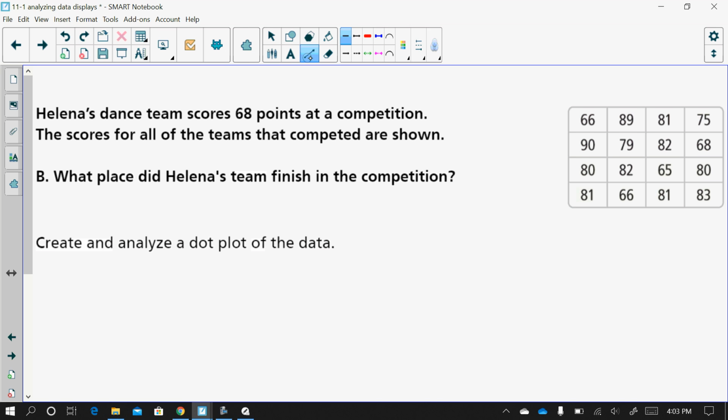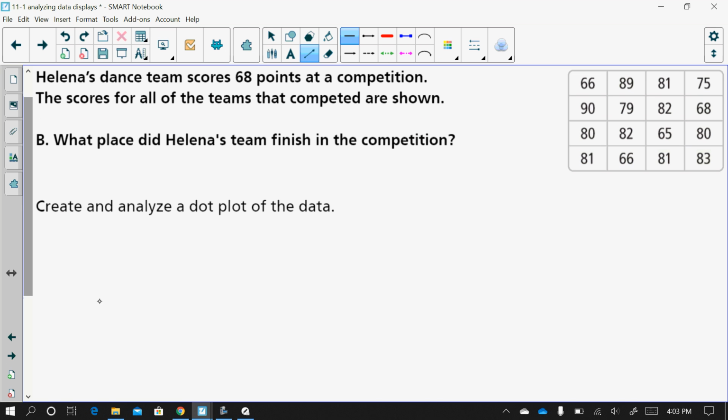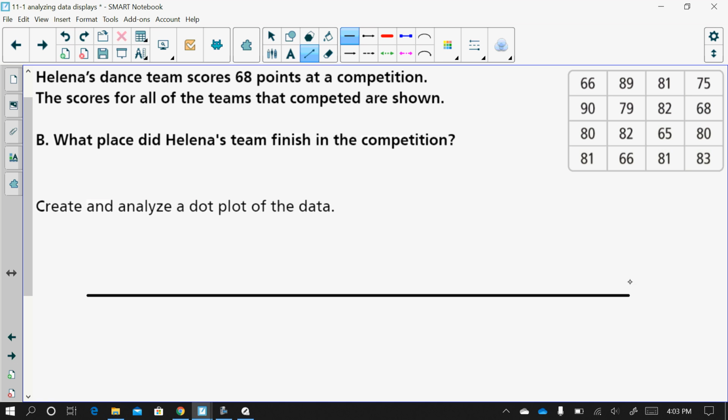So make your number line again. Let's see. Smallest value looks like it is about 66. The largest value looks like it's about 80.